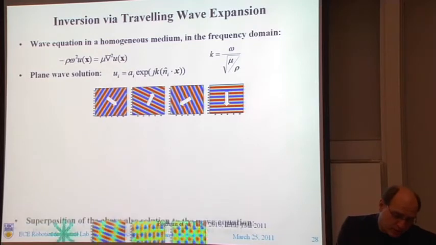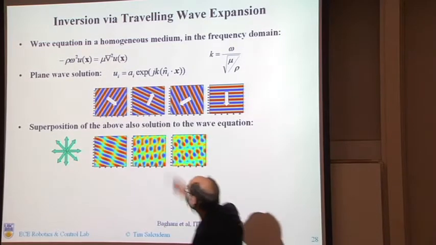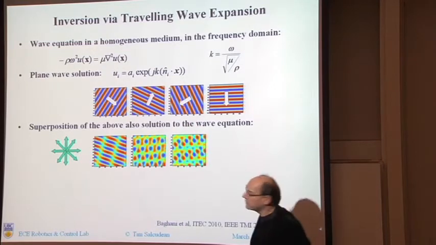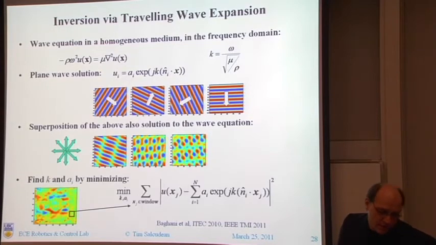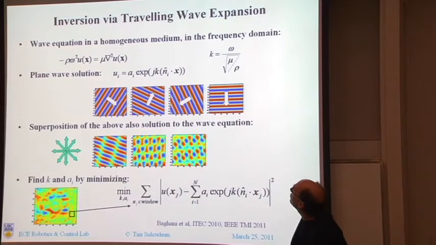By superposition, you can get a solution to the same equation by superposing all these planar waves. And what we can do is look at the sum of such traveling waves. That's why we call this a traveling wave expansion.